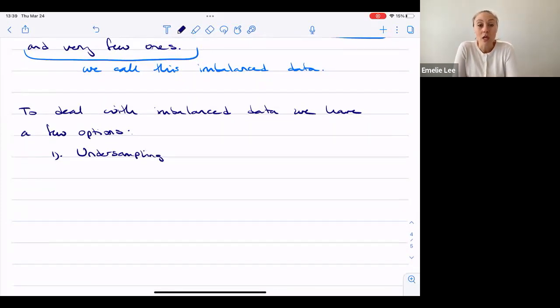Undersampling just means you're going to take all the ones that you can, as many ones as you can, and have approximately the same number of zeros. That's undersampling from the total sample, right? So you take just a few of those zeros. That means you're missing a lot of the other zero information.